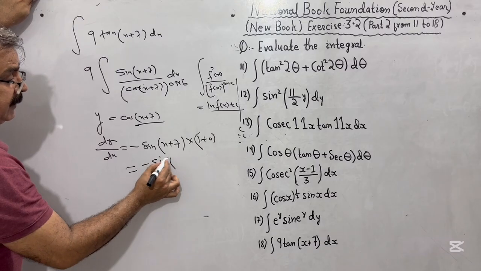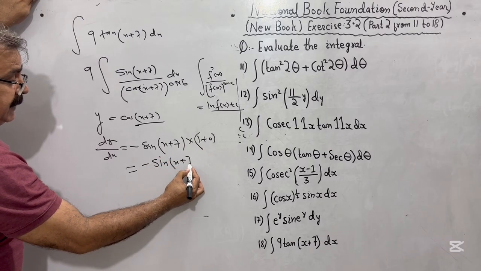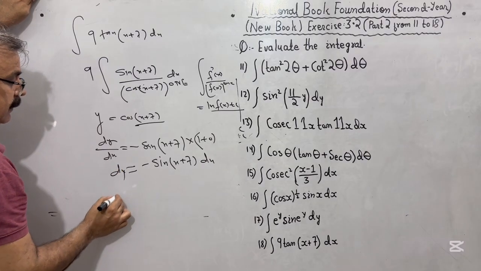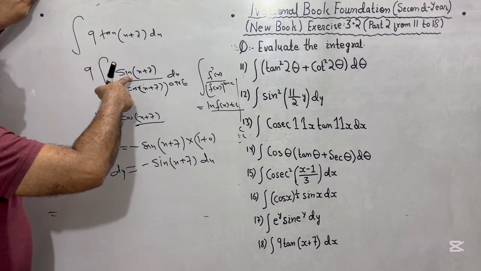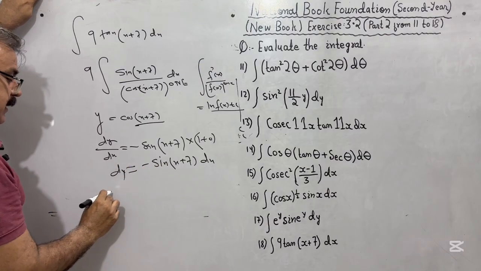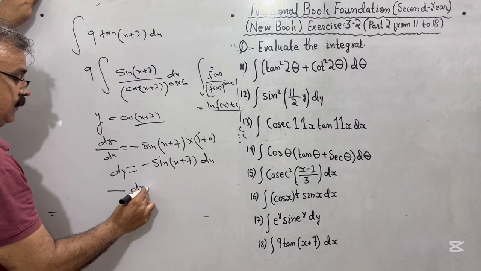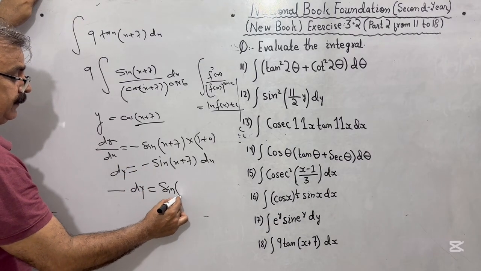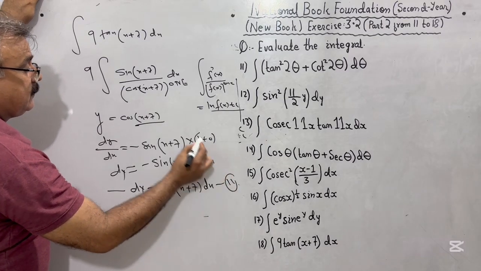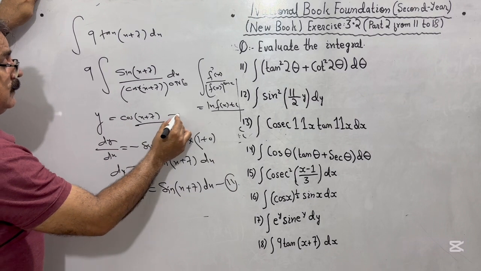It is a multiplicative identity with respect to multiplication. Shift dx here. So dy. We need the value of sine angle x plus 7 dx. We don't need minus. Multiply negative both sides. We have negative dy is sine x plus 7 times dx. That's our 2. That's our number 1.